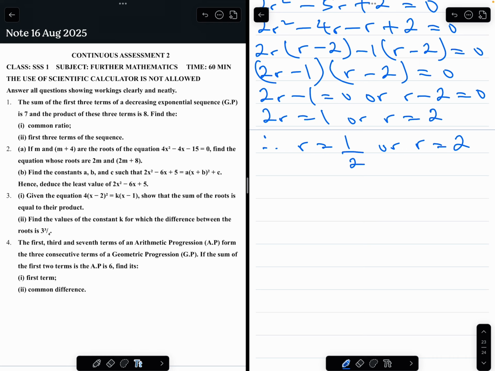Now the question says the terms of the sequence are decreasing.